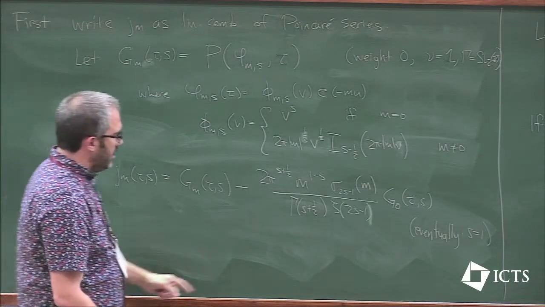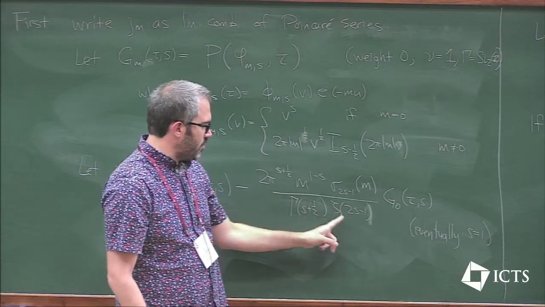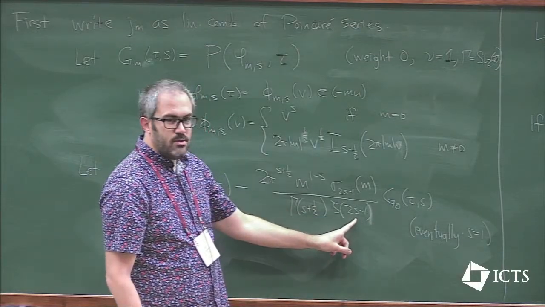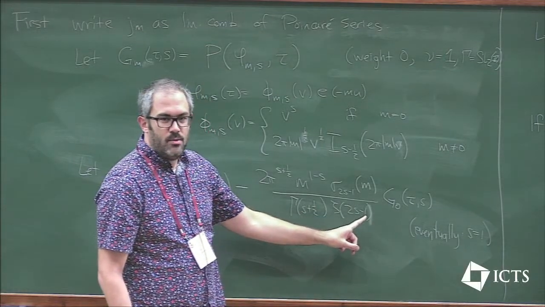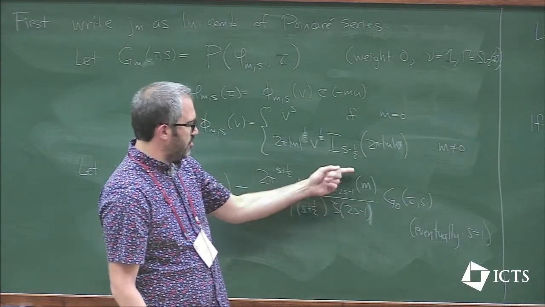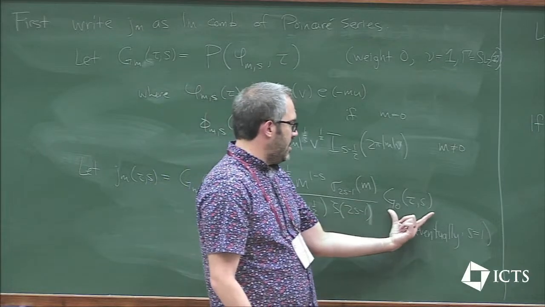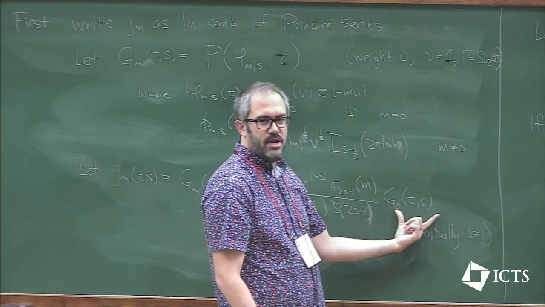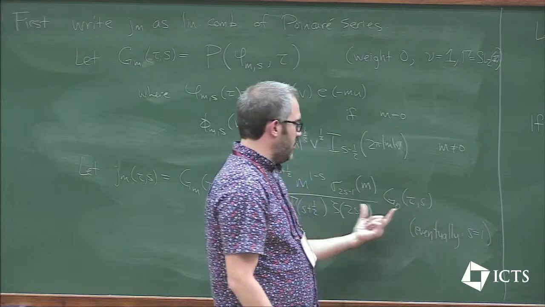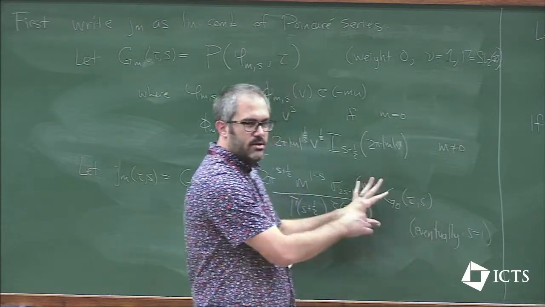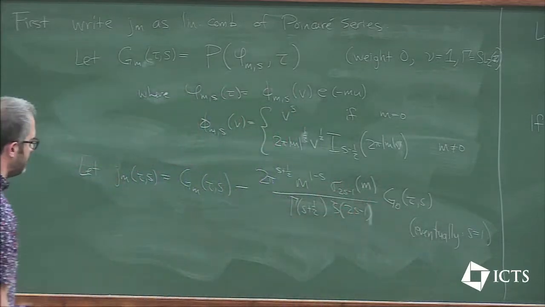It's a little bit silly to see a zeta of 2s minus 1 down here, because when you plug in s equals 1, this is zeta of 1, which is a pole in the denominator, so it's a 0. This is just going to kill this whole thing. Well, it turns out that the G_0 function also has a pole at s equals 1. So this 0 actually cancels that pole, and so this sort of thing makes sense.